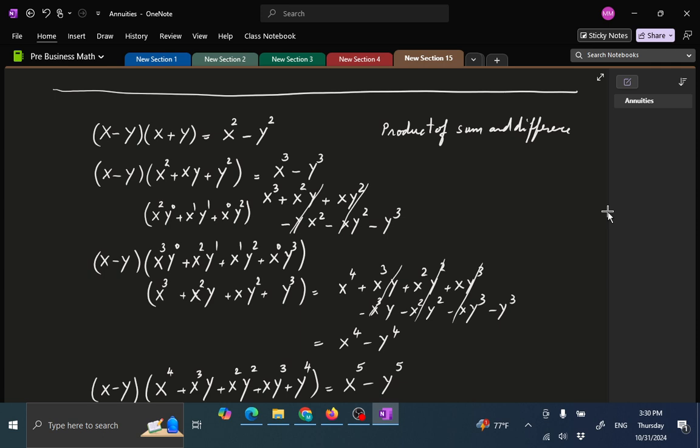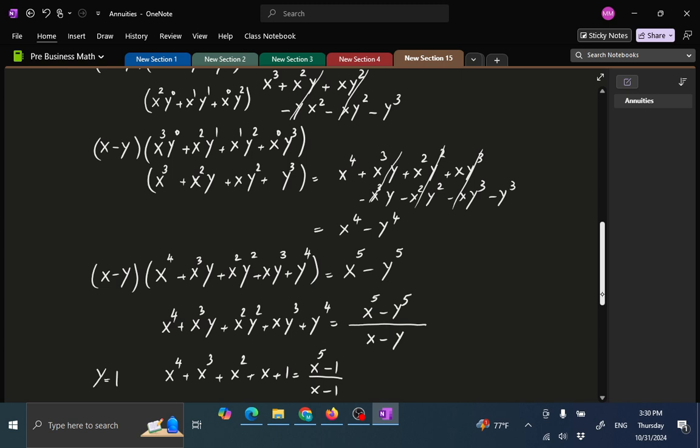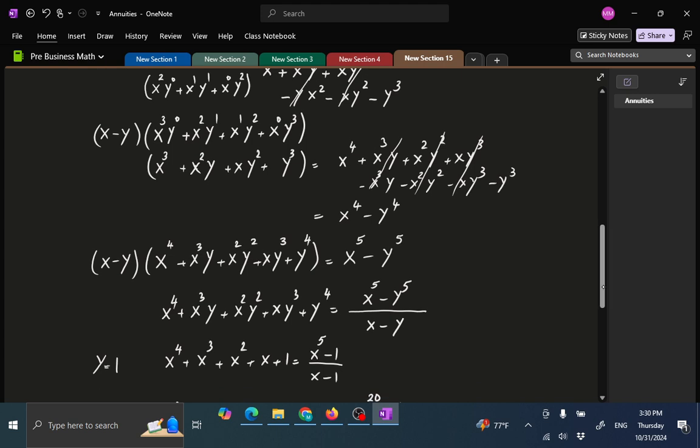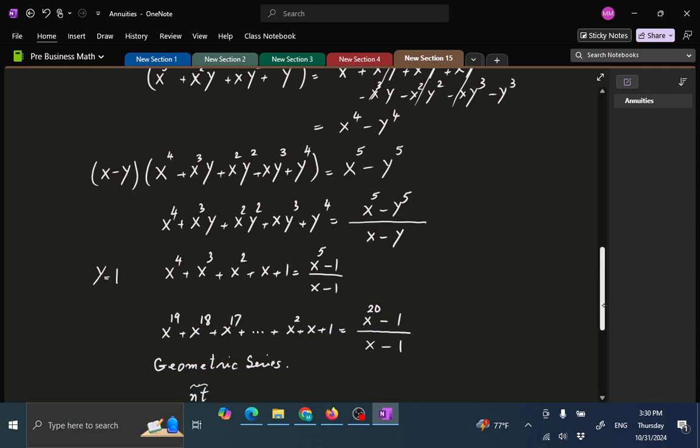We can extend this to various powers. Just patiently do the multiplication. We see that in every case there is a simplification. The formula generalizes for any exponent. Here we wrote it all the way up to power 4, but you can write it for any power.